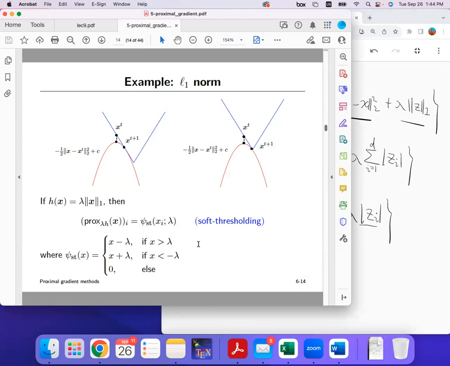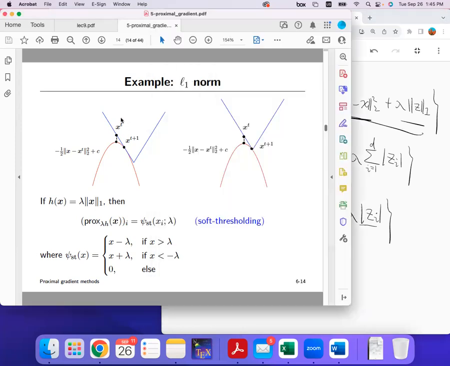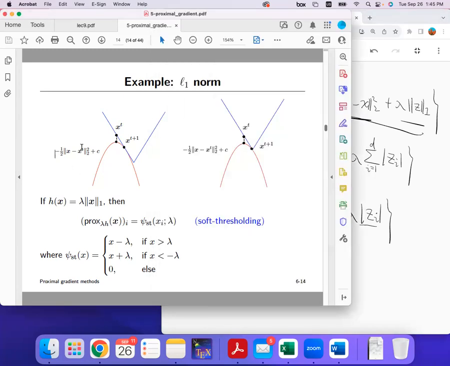What's the difference between the two graphs? Because one is applying soft thresholding and the other isn't? Yeah, I think this graph corresponds to this optimization problem. Well, we have the L1 norm in blue, and this is like a shifted quadratic function, the negative of this quadratic function.